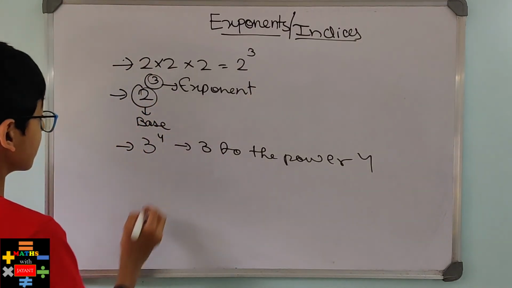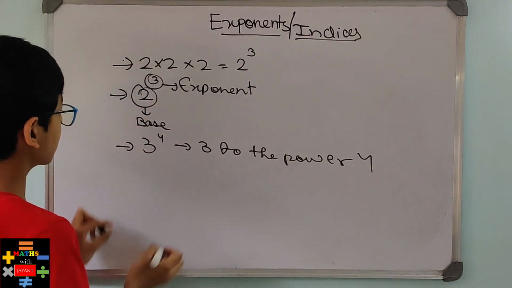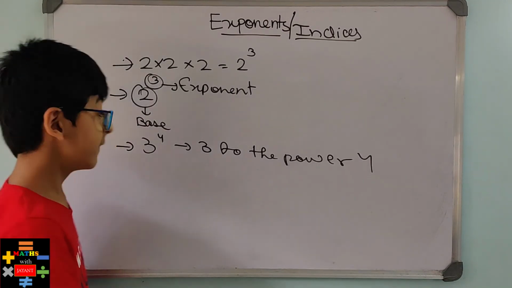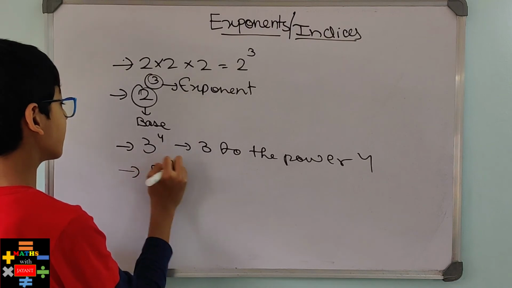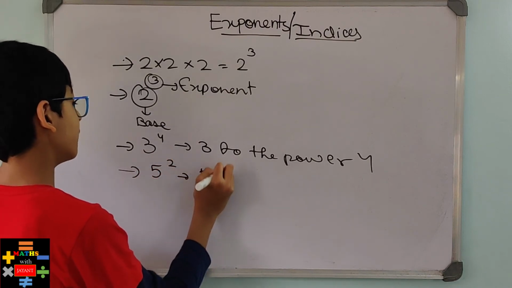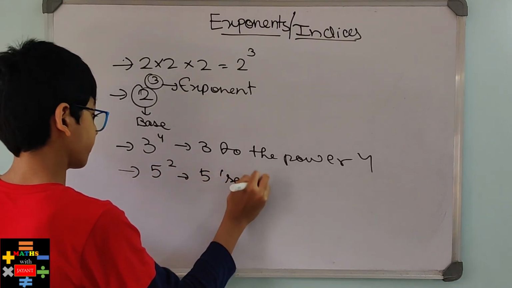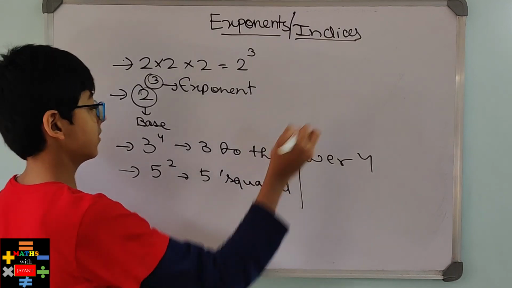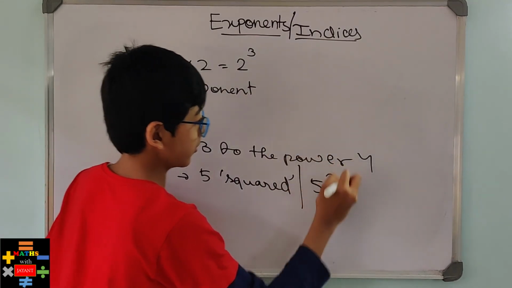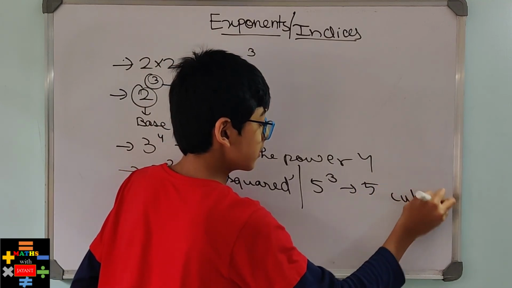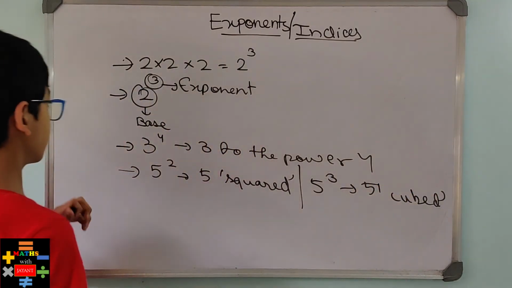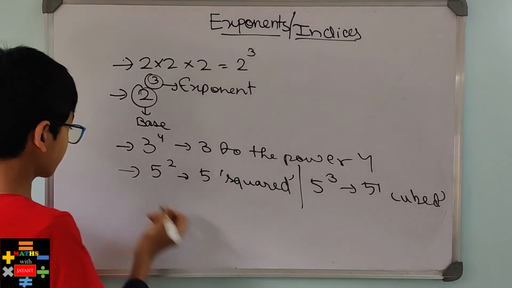Then we learned if the exponent is 2, we say squared, and if the exponent is 3, we say cubed. So this is going to be 5 squared and this is going to be 5 cubed. So this is how we learned how to read an exponent.